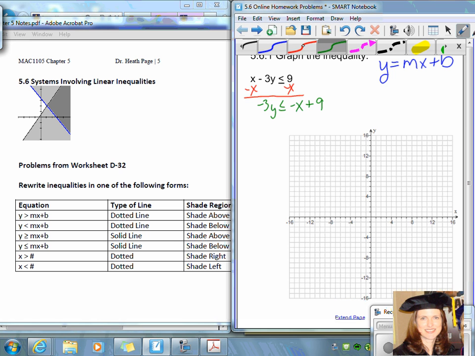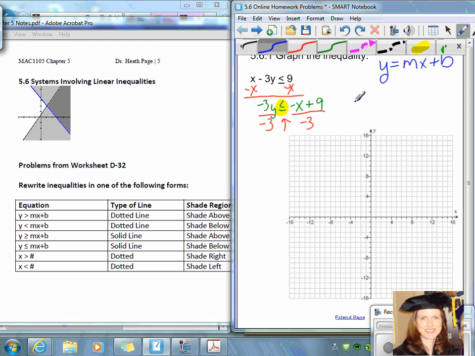Now, the next step, I'm going to divide the inequality by negative 3. Remember, when you are dividing an inequality by a negative, the direction of the inequality is going to switch. Right now it's a less than or equal to. When we divide by the negative, it's going to switch to a greater than or equal to.